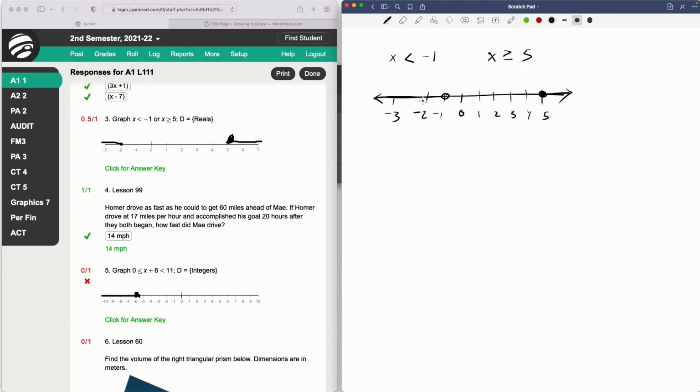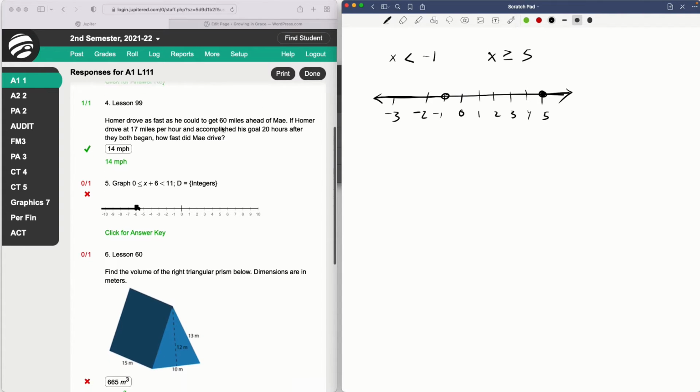We draw the line, which you got right, but that also includes, like, -1.5, -1.8, -1.9. We have to include all of those too. So that's why we circle that and keep it open, just to indicate that it's everything between the -1 and everything else, but not including the -1. All right, I probably have harped on that enough.